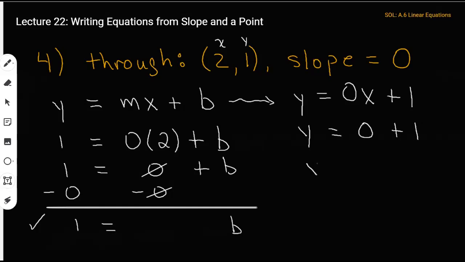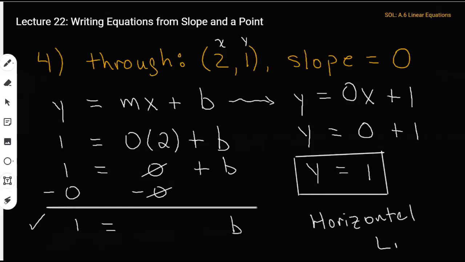So my answer is going to be y equals 1. And I'm going to put a box around this so you know that this one is going to be the answer. Y equals 1. This is actually going to be a horizontal line, just like you said.